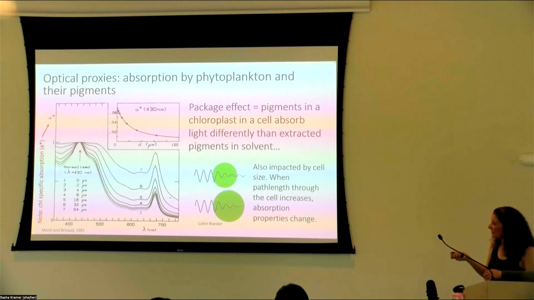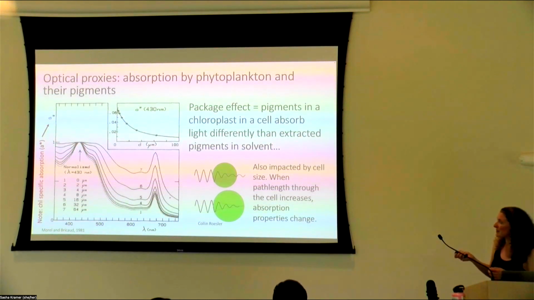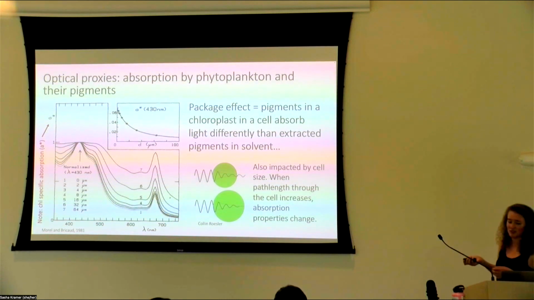So if you see, it's going from this, the line with 7 right here is the largest cell. The line with 1 at the bottom is, we don't really have a 0 micron, I guess, but the smallest one that you can think of. And so your shape, especially in these regions where phytoplankton pigments are absorbing, is going to really change, and the magnitude is also going to change.